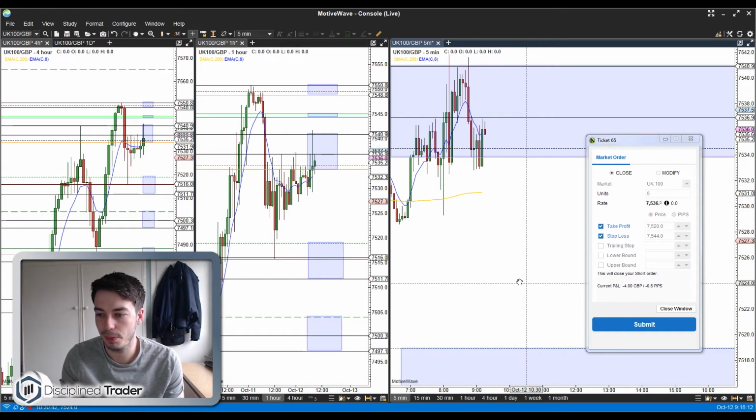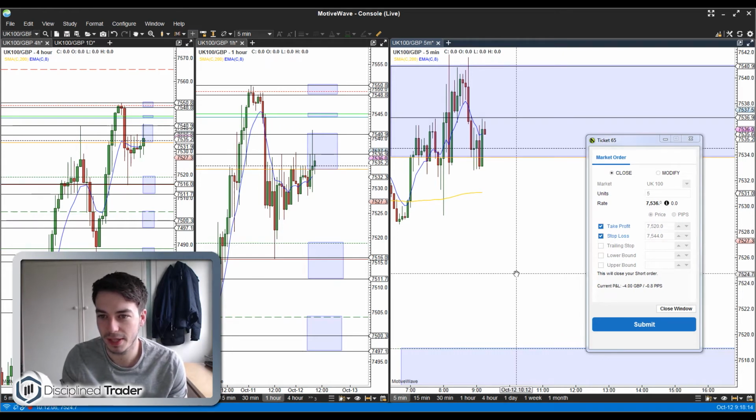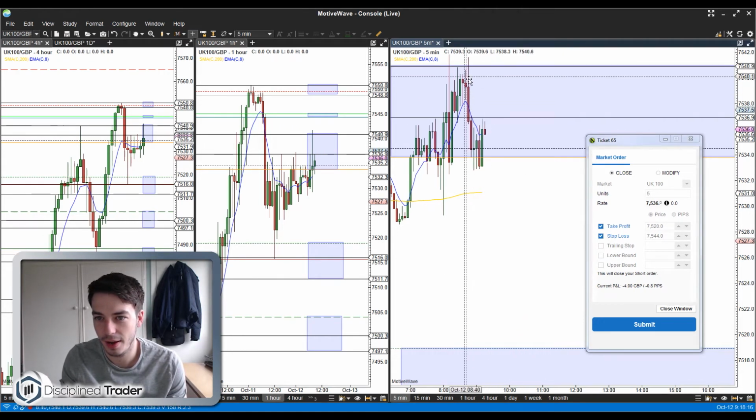So just a quick update, we are coming up to 20 past 9. You can see that we've had a little bit of a move down since triggering into the trade after this candle here. We've moved down into these sort of intraday lows here.